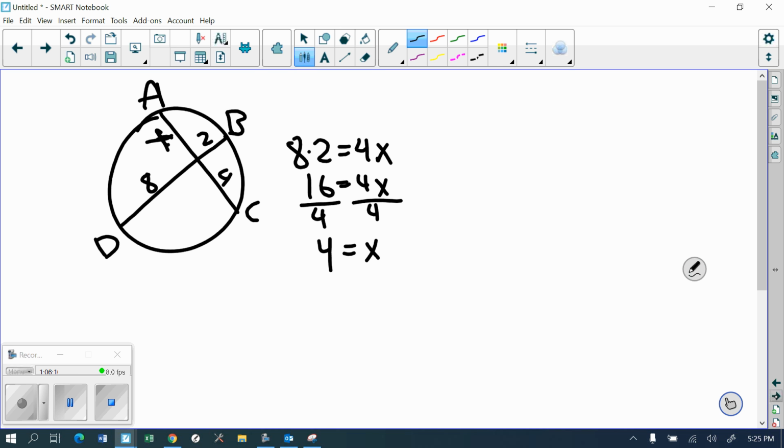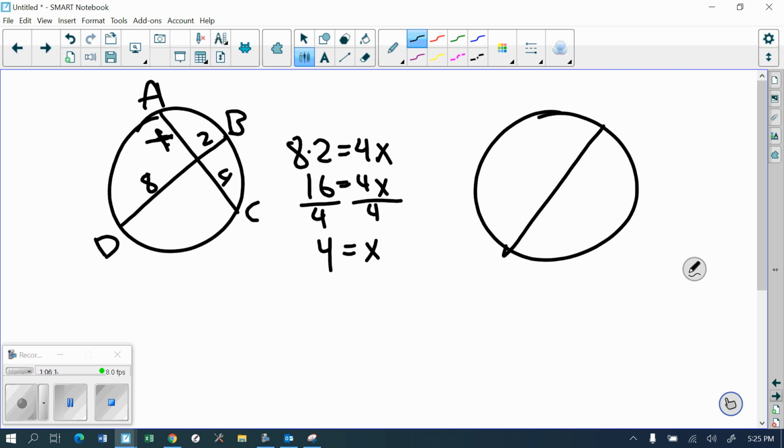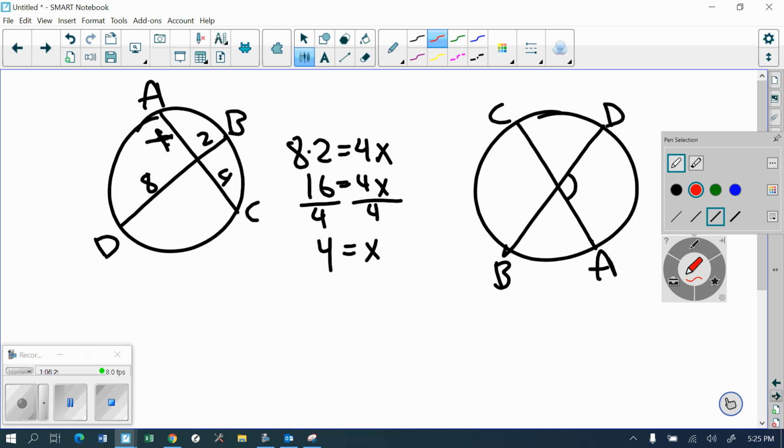Oh, last piece with chords is finding the angle measure of the inside angles. So A, B, C, D. If I want this angle right here, it is the average of the two intercepted arcs.